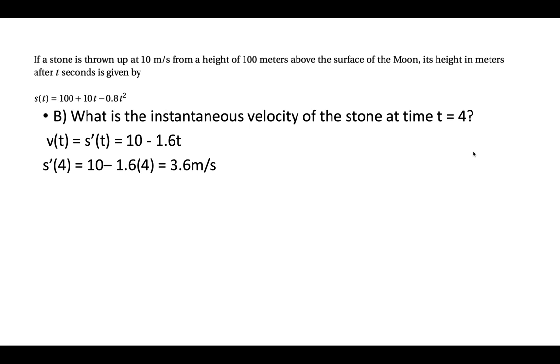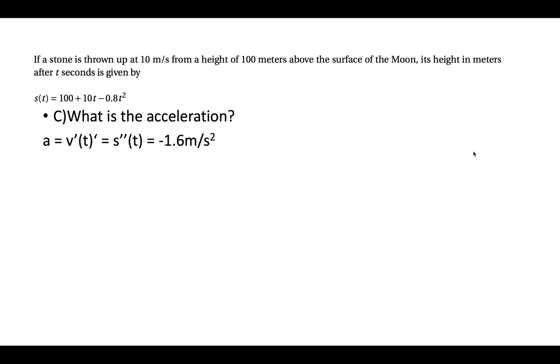All right, so if we want to know the instantaneous velocity at a particular time, we just plug that into this formula. And so we're going to get 10 minus 1.6 times 4, which is going to be 3.6 meters per second. All right, if we want to know the acceleration, acceleration is equal to the first derivative of the velocity function, which is equal to the second derivative of the position function.